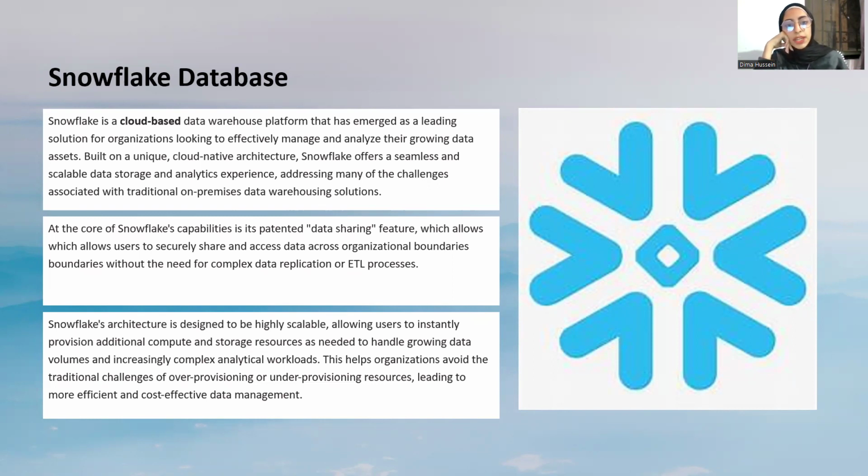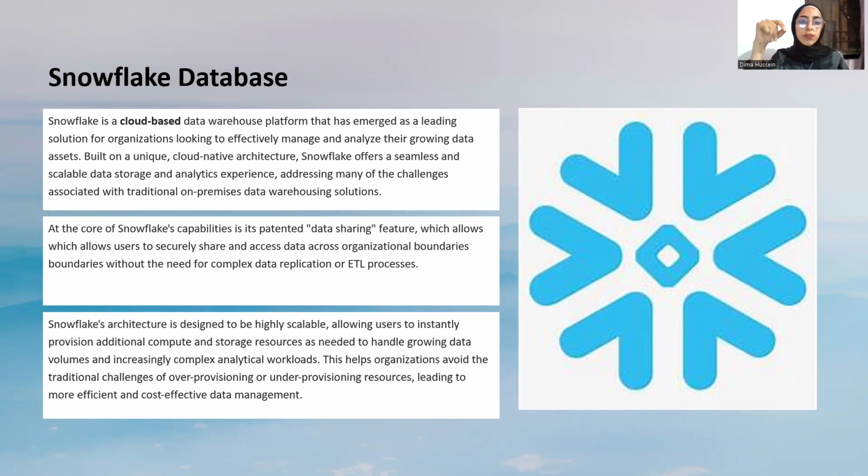We're going to be explaining the architecture in the next slides, and it offers a seamless and scalable data storage and analytics experience, addressing many of the challenges associated with traditional on-premises data warehousing solutions.